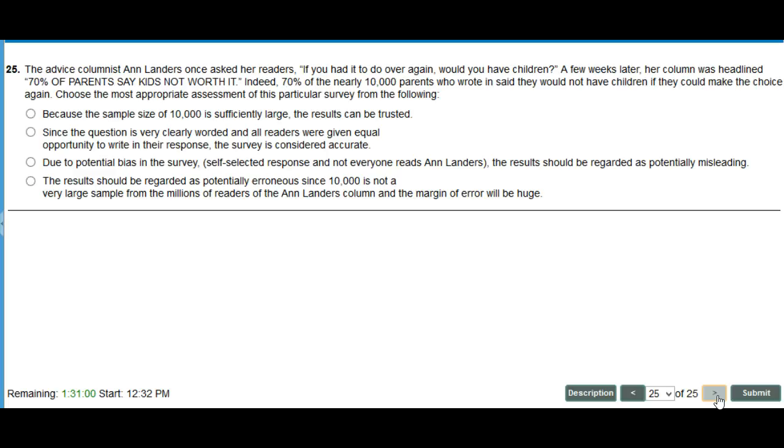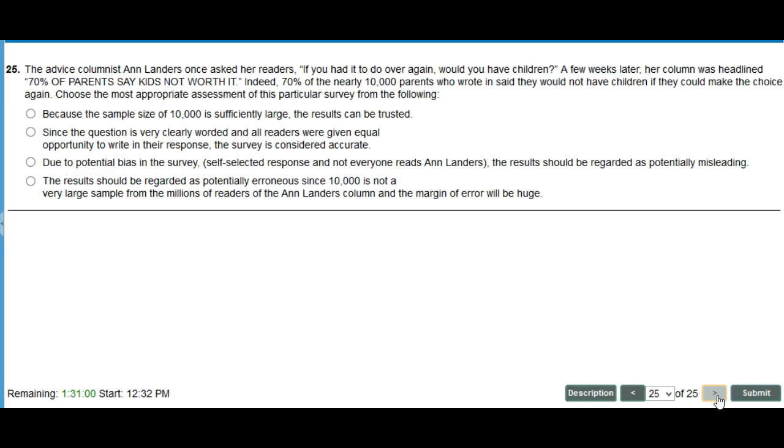Because a sample size of 10,000 is sufficiently large, the results can be trusted. Since the question is very clearly worded, and all readers were given equal opportunity to write in their response, the survey is considered accurate.